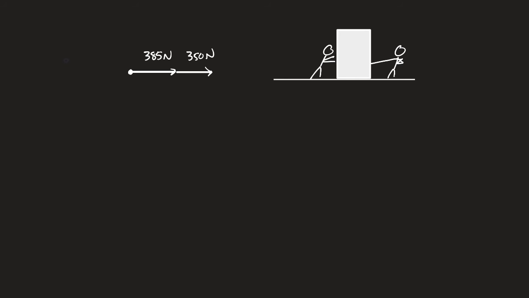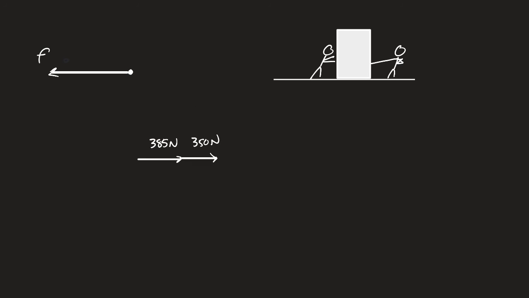That also means that there has to be a frictional force this way, because they say the thing moves at constant velocity. So I know they have to be balanced. And in addition to that, there's got to be a downward force due to gravity.